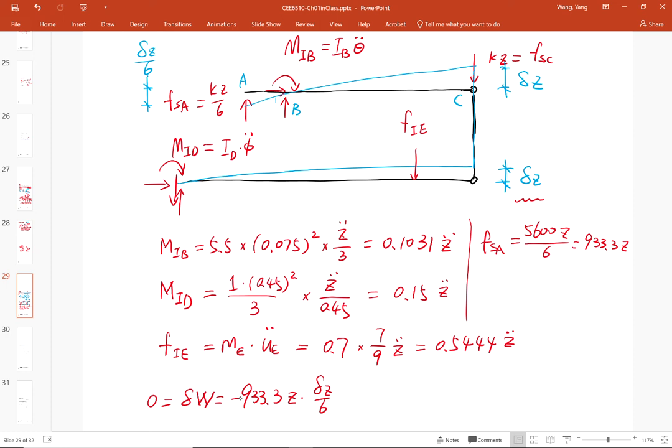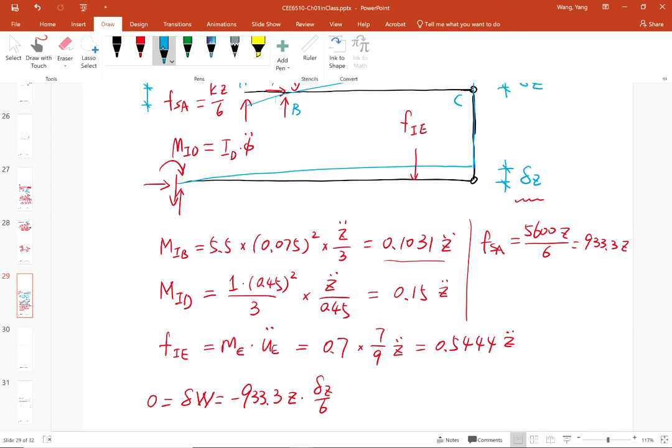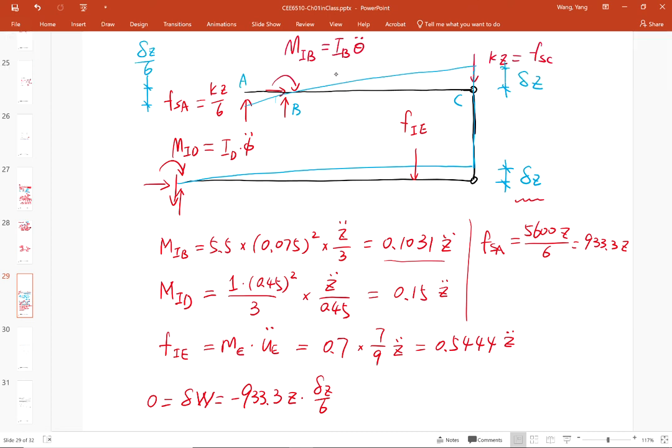Then we have work done by MIB. This is MIB. Again, MIB is clockwise, but the rotation is counterclockwise. So the quantity of this rotation is delta Z divided by 0.3.